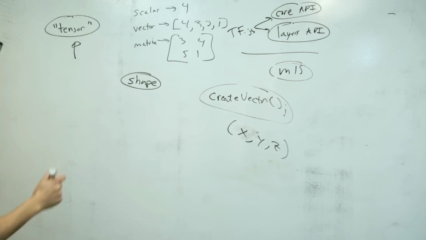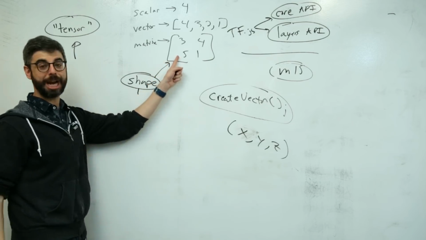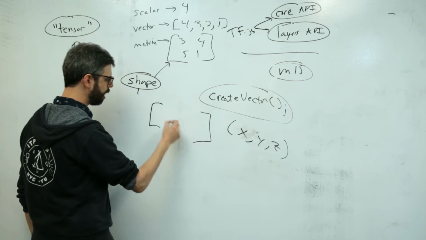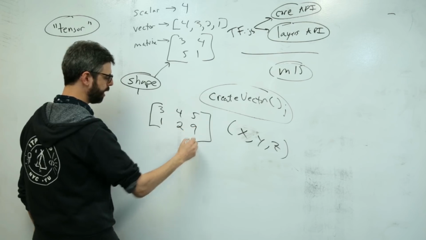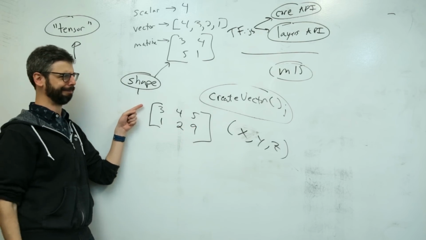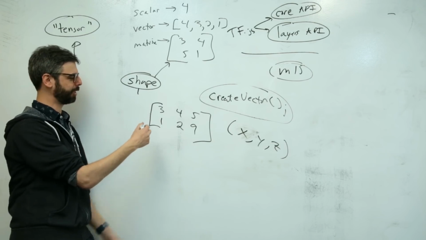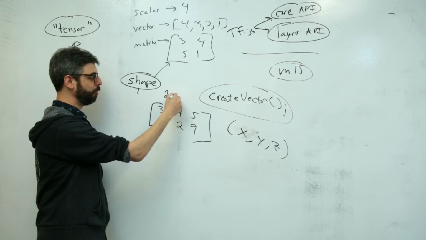So for example, this right here has a shape that's 2 by 2. I could write this, this now has a shape. I think it's 2 by 3, because you always say the rows first with a matrix. This is 2 rows by 3 columns, 2 by 3.